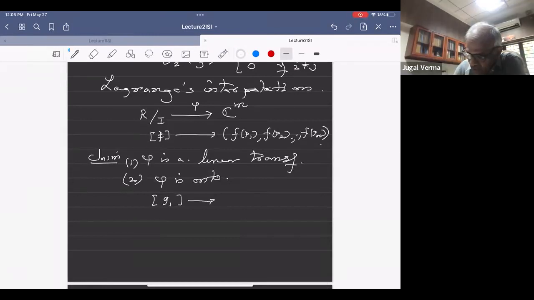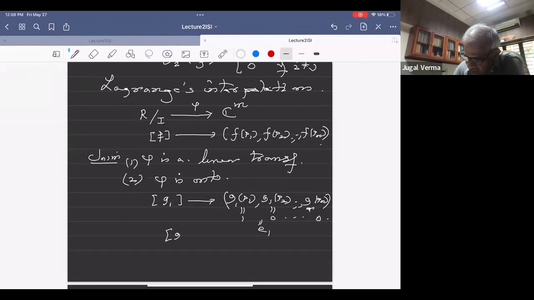It is mapped to G1(P1), G1(P2), up to G1(Pm). This is 1 in the first place, but the rest are all 0. So I get the first basis vector e1 from G1.